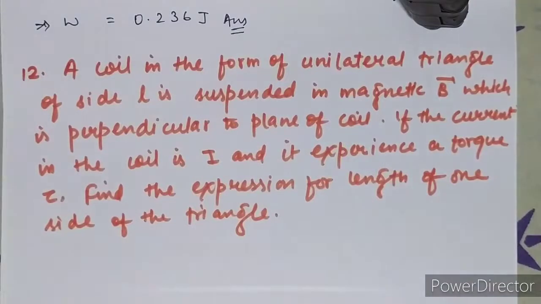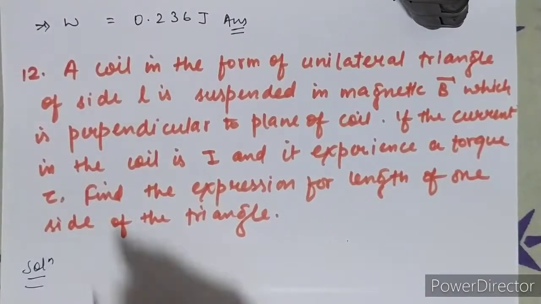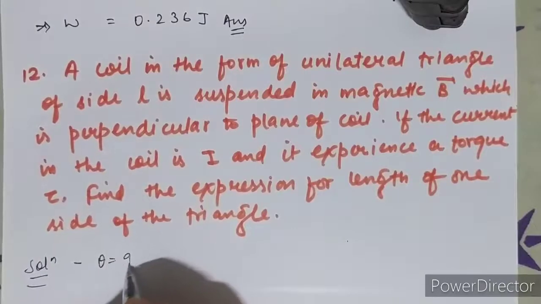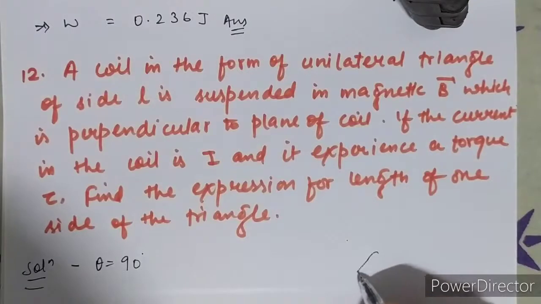Now this question is a theoretical based question. In this question, a triangle has been given and you have to calculate its side. This is an equilateral triangle of side L, and the current which is flowing in this triangle is I. The angle theta is 90 degrees, this will be remembered.